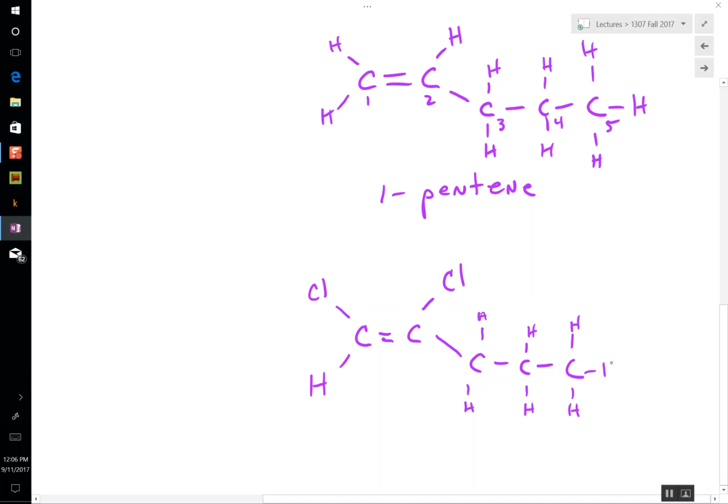And let's start asking our questions. Does that carbon have two different things on it? Yes. Does that carbon have two different things on it? Yes. Do these two carbons have something that is the same? Yes. Uh-oh. We got 3 yeses. So it is cis or trans.